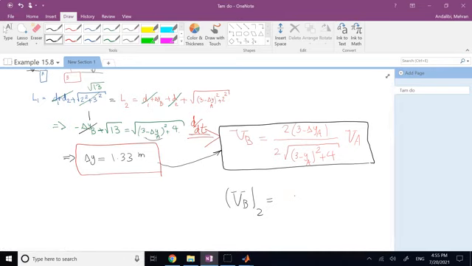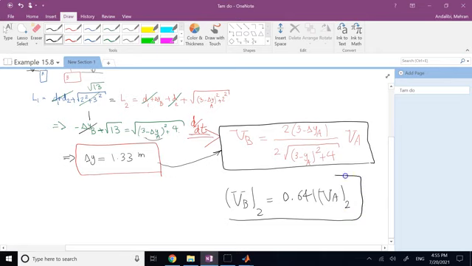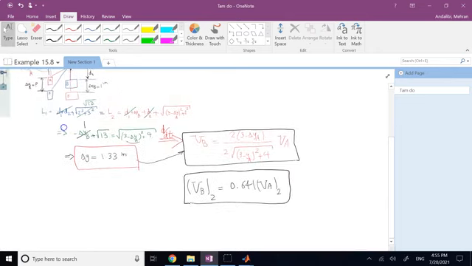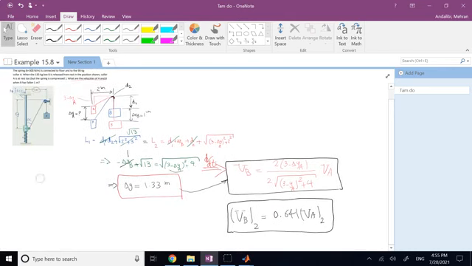And again, you have to plug in the number here, and you will get 0.641 times VA in situation 2. So this here we definitely need later when we solve the work energy equation.